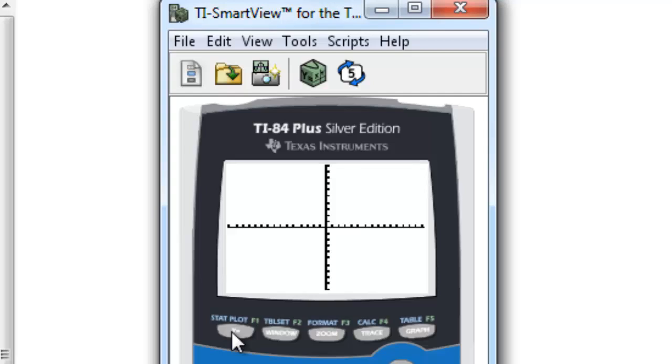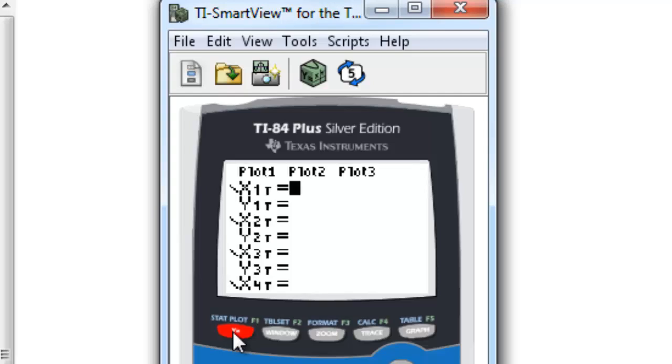Now let's go back to our parametric entry screen, and I'm going to enter a pair of trigonometric equations. Let x be equal to cosine t and y be equal to sine t. And then I'm going to look at my graph.